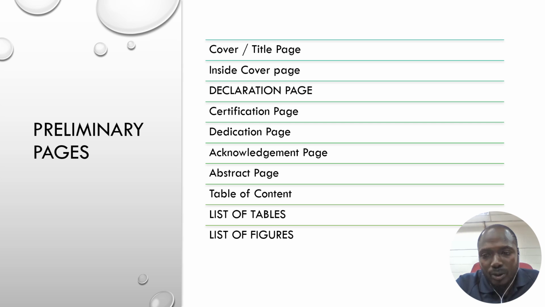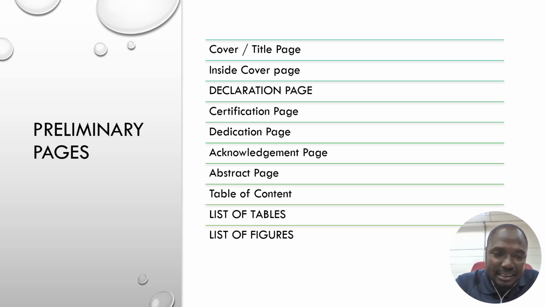You have what we call the title page or the cover page. That is the outer aspect, outside of the project. When you do the binding, what you write as the title on top of the cover page is what we call the cover page.